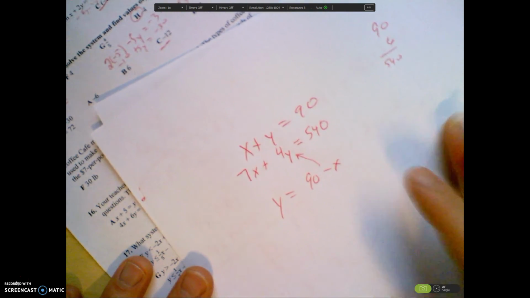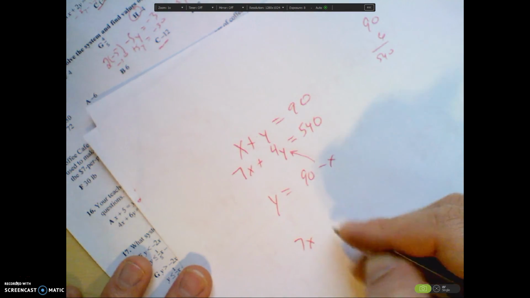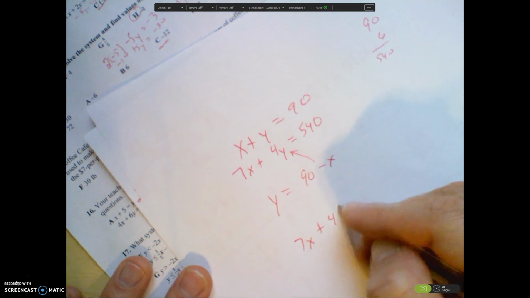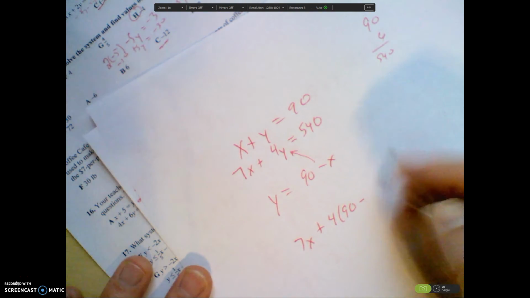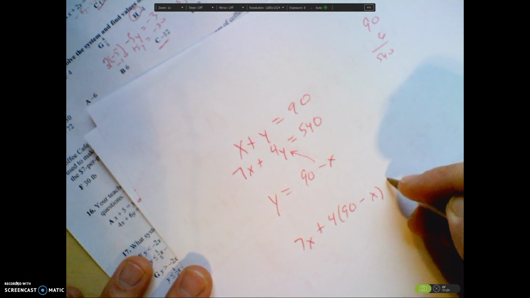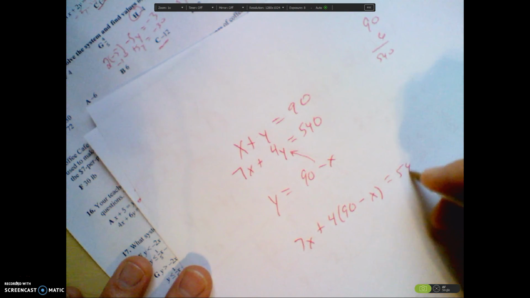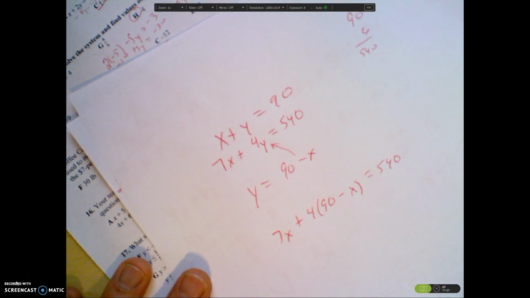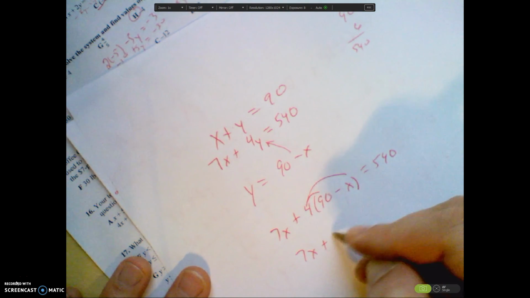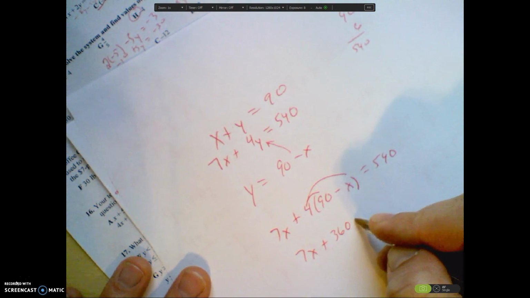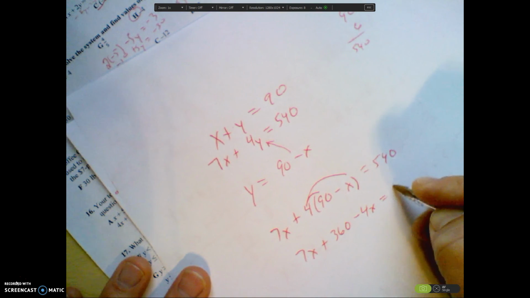That gives me 7x plus 4 times 90 minus x, and that equals 540. I'm going to distribute, and I'm going to get 7x plus 360 minus 4x equals 540.